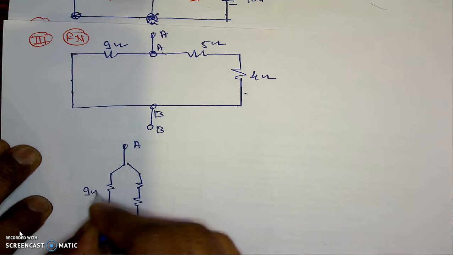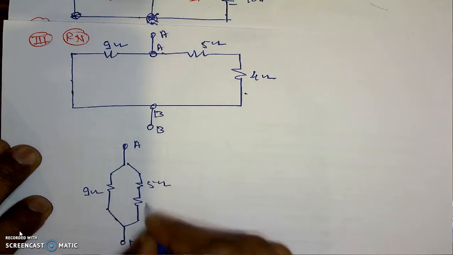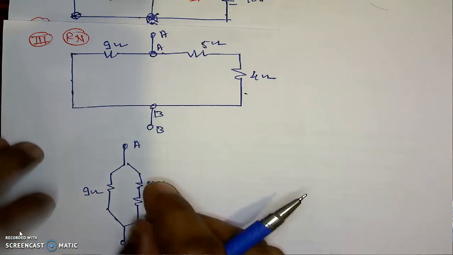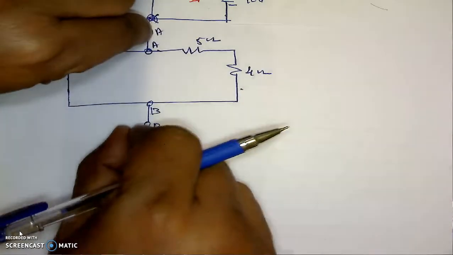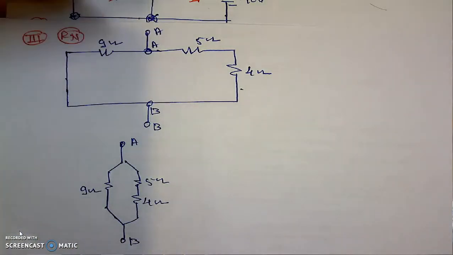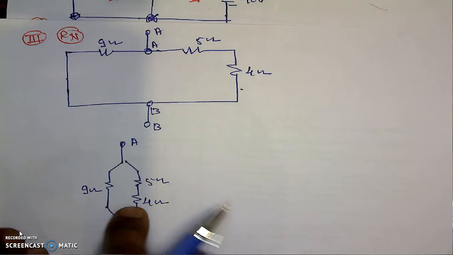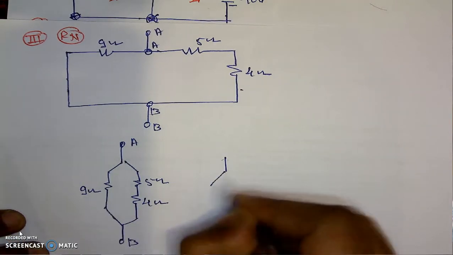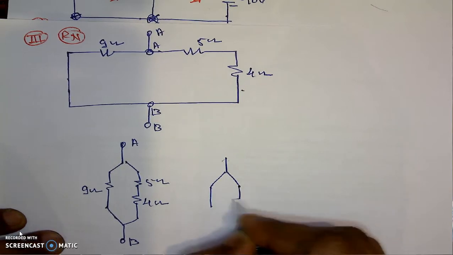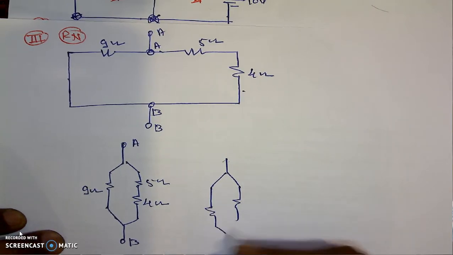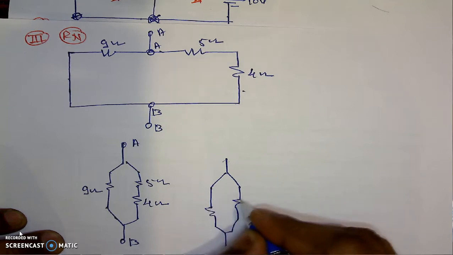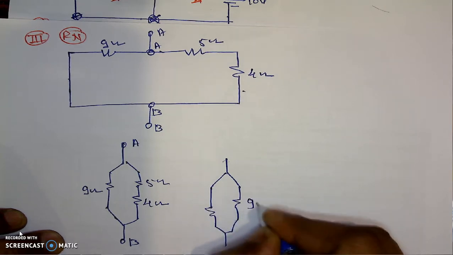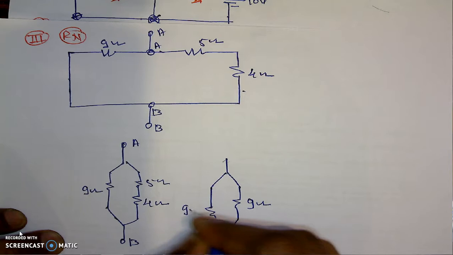This is of the 9 ohm, 5 ohm and 4 ohm. Pick up the A point and B point and stretch it. The final figure will be something like this: 5, 4 plus 9, and this will be 9.